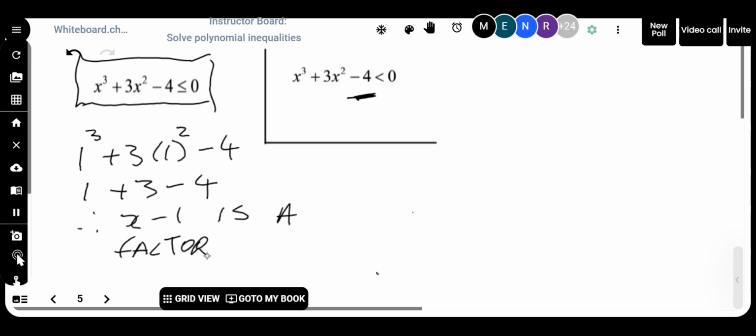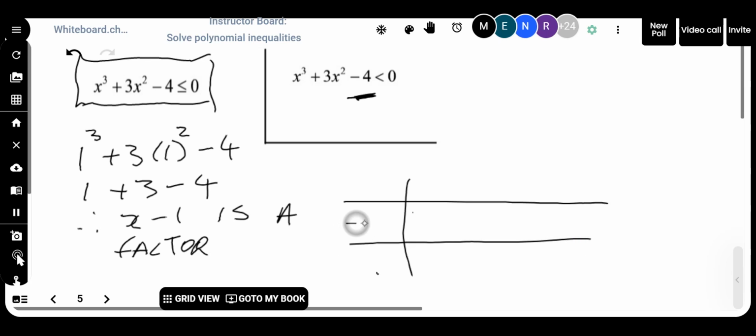And what do we do with that again? Come on, folks, it's all factor theorem stuff here, right? What do I do with that once I know that x minus 1 is a factor? We divide. And I'm going to use the good old synthetic division, which says, put the 1 on the side.